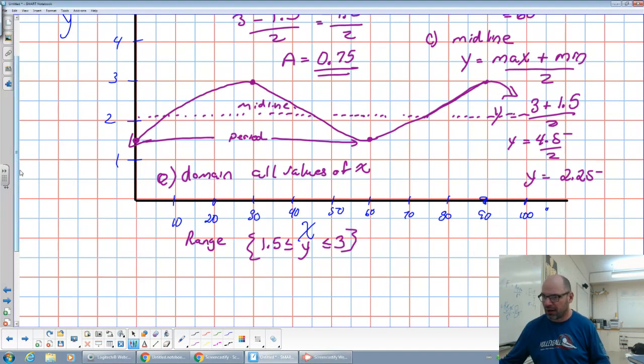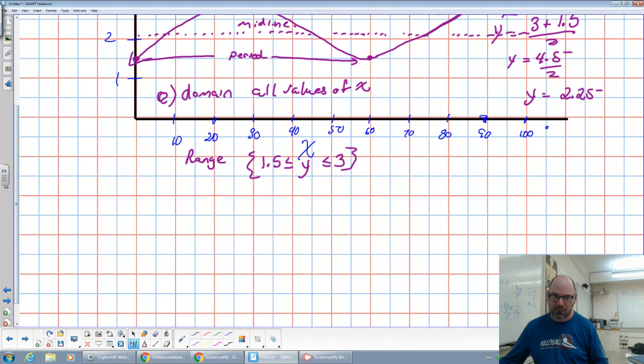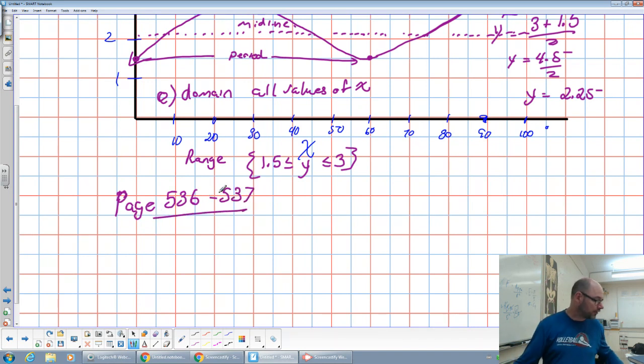Some of them are graph drawings. Some of them are more about looking at the graph. But they're very similar, dealing with all those types of things. So this is on page 536 to 537. You can try number 1.